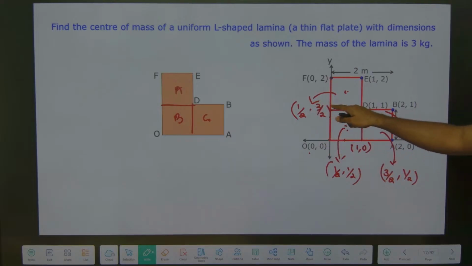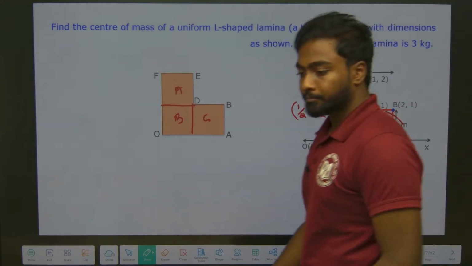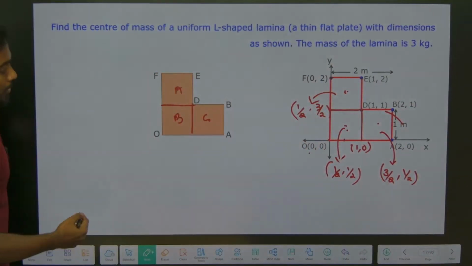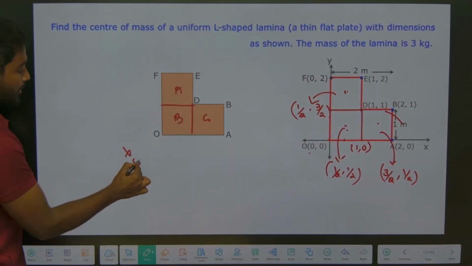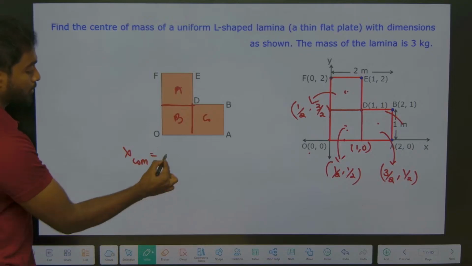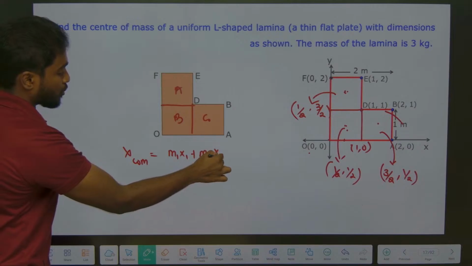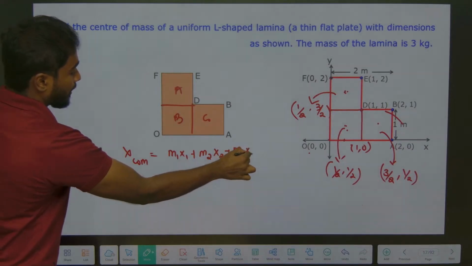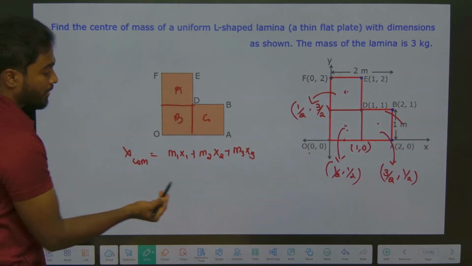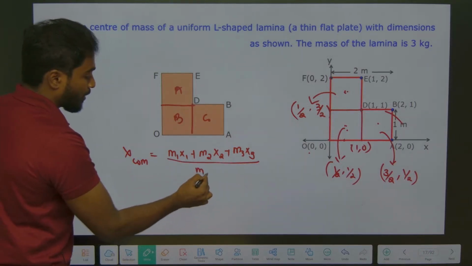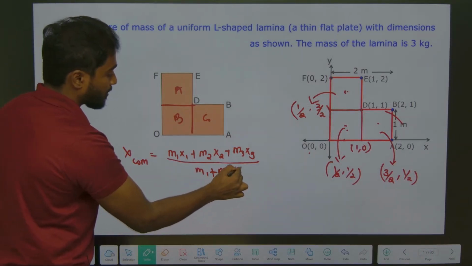So the x center of mass equals m1 x1 plus m2 x2 plus m3 x3, divided by m1 plus m2 plus m3.